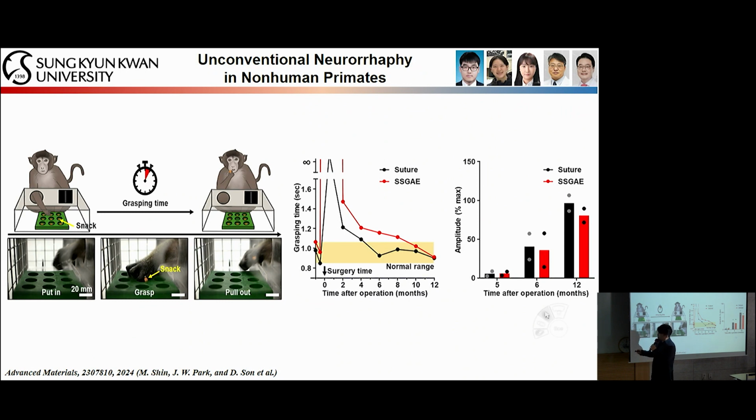Also, to test the function of the thenar muscle, innervated by the motor branch of the median nerve, we monitored the monkeys' motion to grip and eat small snack pieces, 9 small pieces, every 2 minutes. As you can see here, the grasping time gradually decreased to almost 1 second.